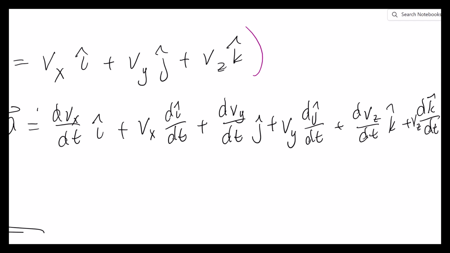But again, we're assuming that our i hat, j hat, k hat don't move. We're in a non-rotating plane, so these all go to 0, and your book doesn't tell you that.